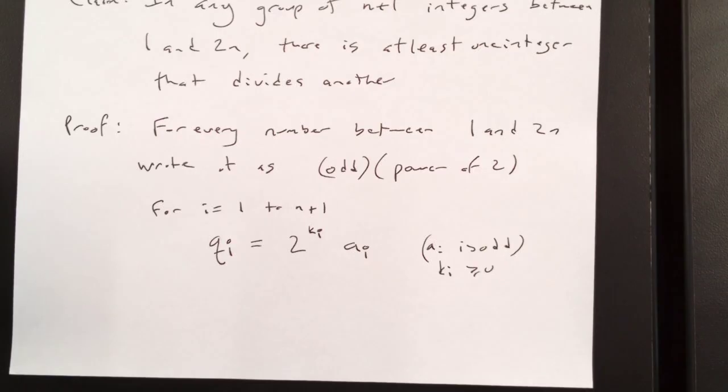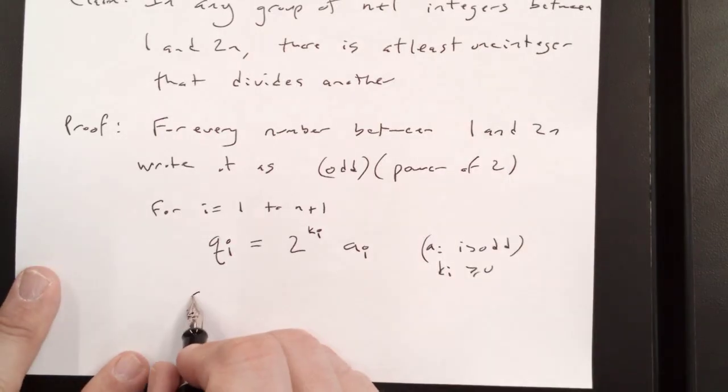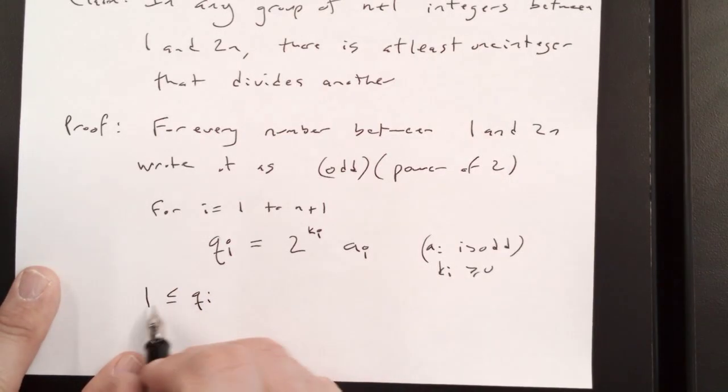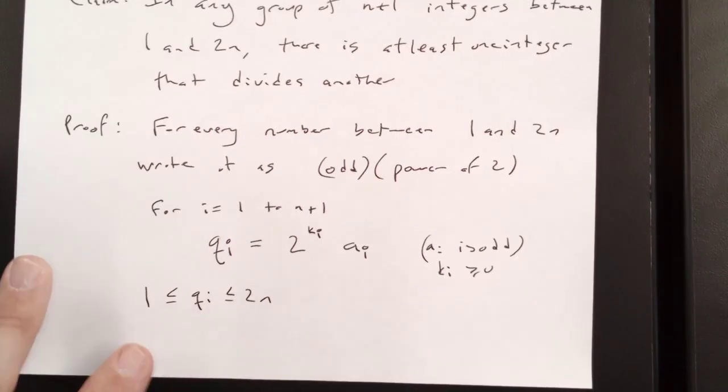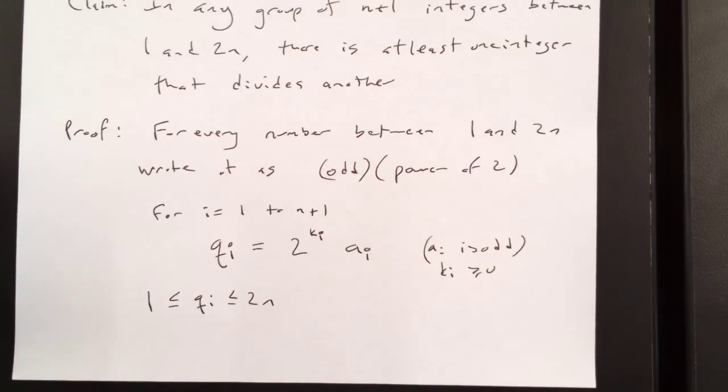Now, q_i is between 1 and 2n. Well, that means the same thing is true about a_i. Yes? If this number is smaller than or equal to 2n, so is this one.